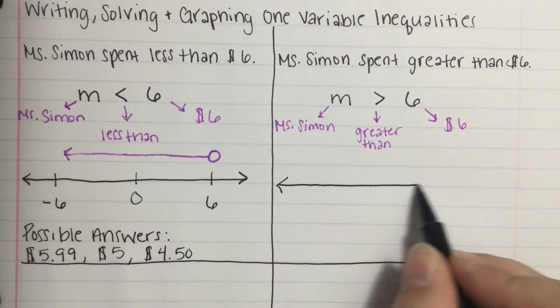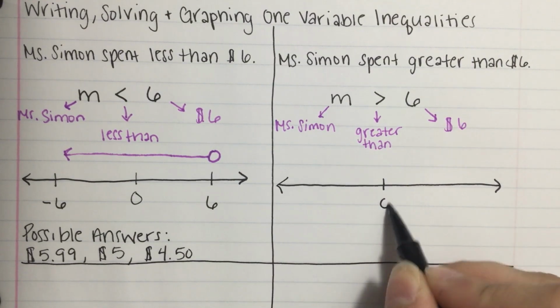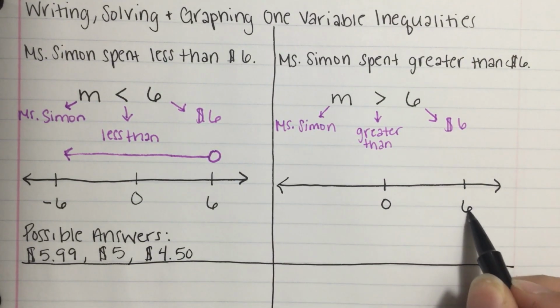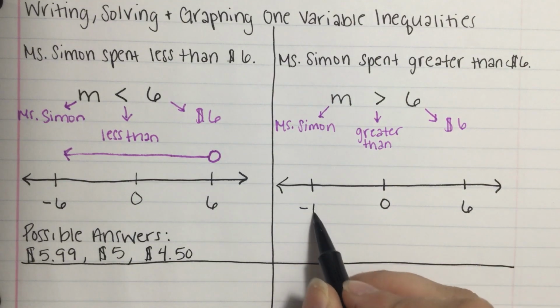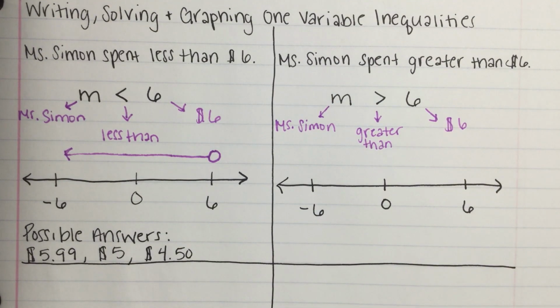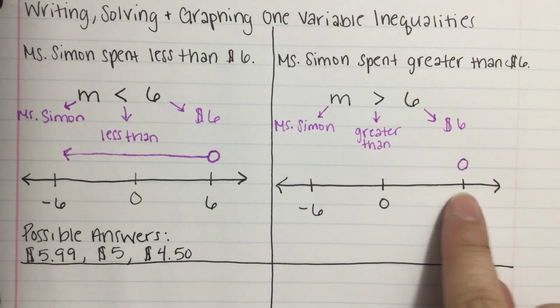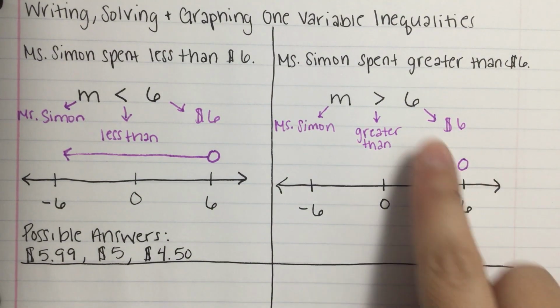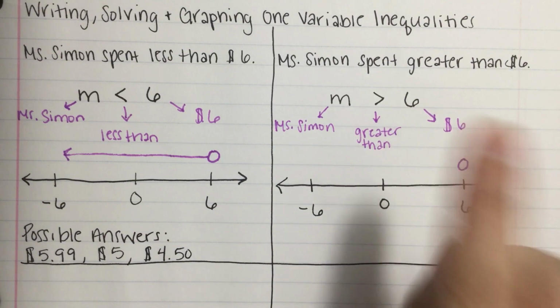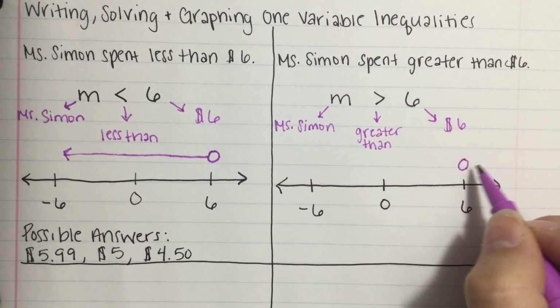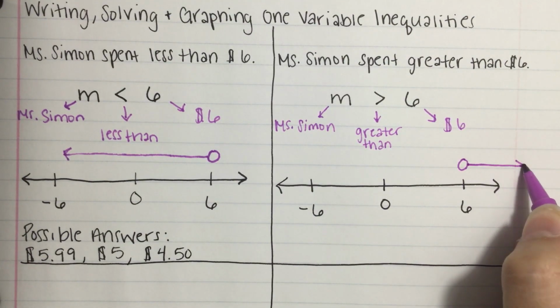Now I'm going to draw the same graph. Still going to have 0 in the middle. I'm going to have +6 to the right and -6 to the left. And I'm still going to use that open circle because it's not equal to 6. I'm just using 6 as my marker because it's in my problem. But now I'm saying everything greater than, so that means I'm going to go to the right.